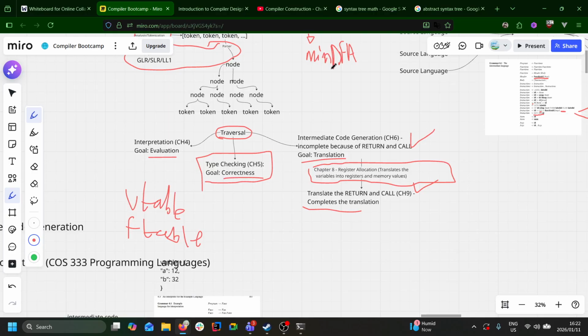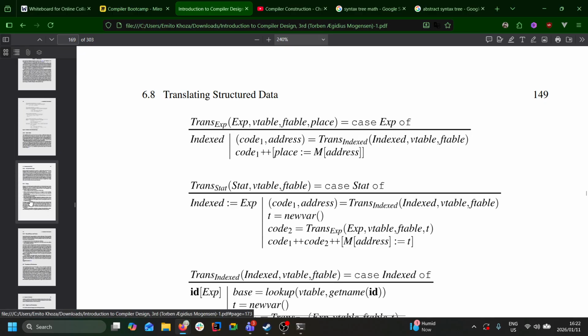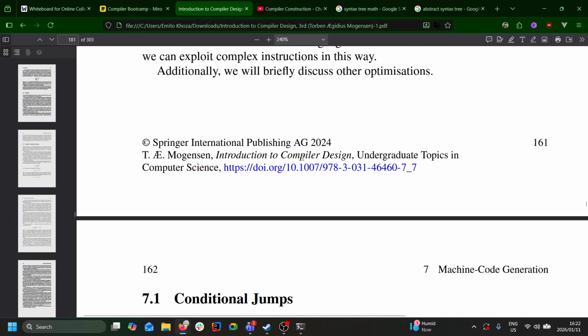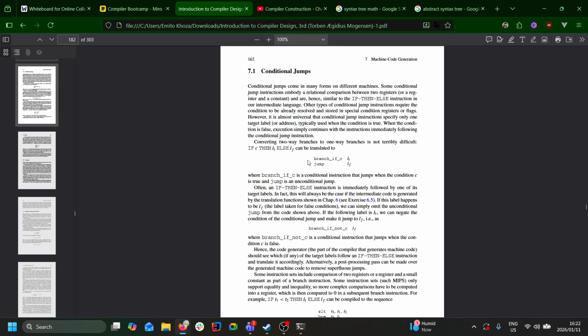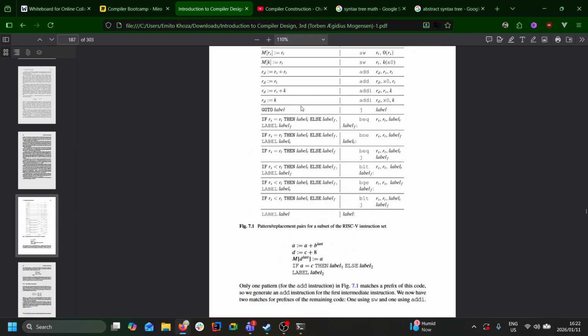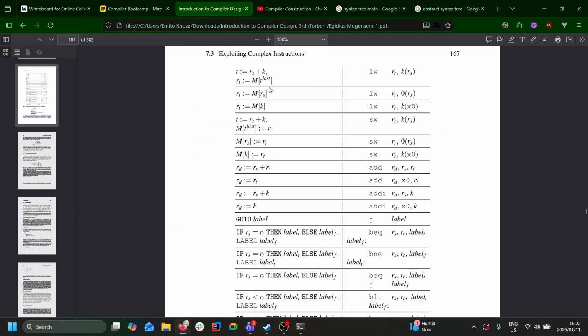Chapter 7, I did not do chapter 7. I think chapter 7 is like direct translation, and there's nothing clever about it in my opinion. This here is literally the whole point of chapter 7, right? If you see this, replace it with this.